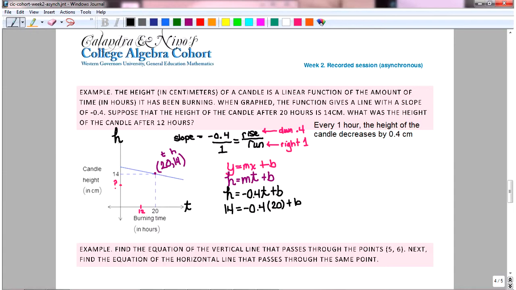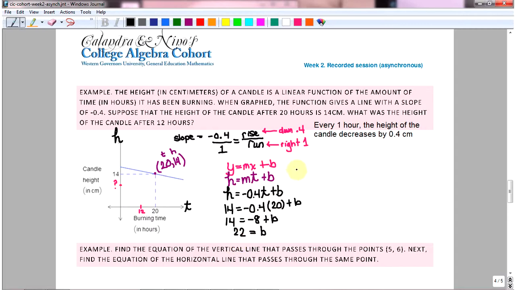So now you just go ahead and do that multiplication. Don't hesitate to use your calculator if you need to. Negative 0.4 times 20 gives us negative 8. So 14 is equal to negative 8 plus b. When you add 8 to both sides to get b by itself, we end up with b equal to 22.